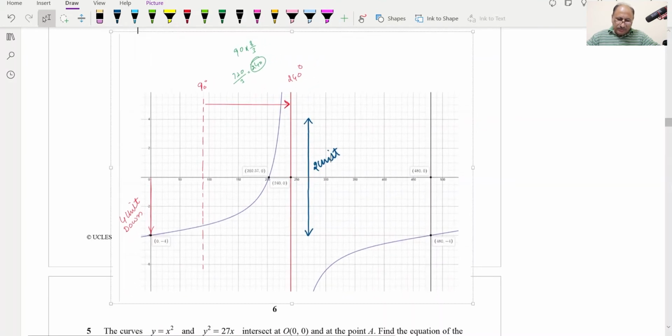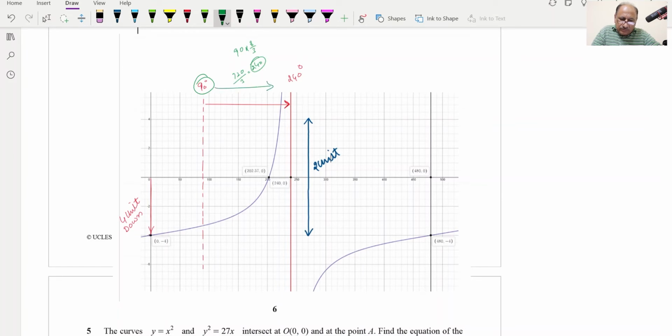You can see this 90 is shifting to this side, up to 240. So our asymptote has moved to the right from 90 to 240, and this is moving 4 units down. And from 0, the curve which was originally over here, this point is moved to this new location. So this is minus 4 units down.